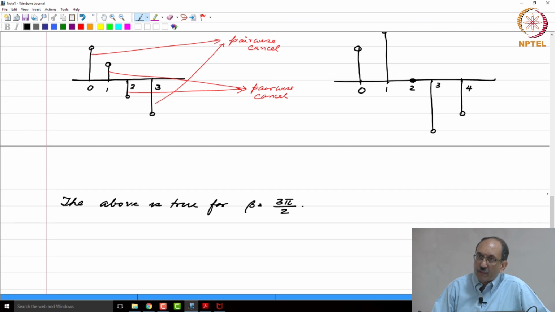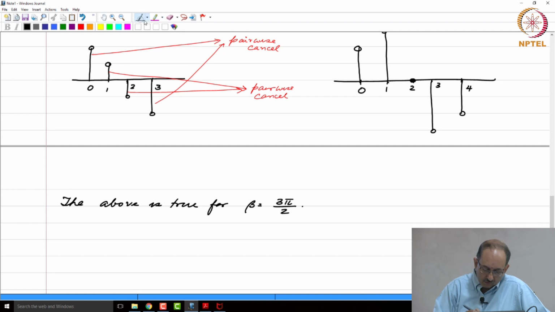When beta equal to 0, you need even symmetry, and for that even symmetry case we had considered even length and odd length. Similarly, when beta is pi by 2, again the symmetry was not even but odd. You need symmetry, but in this case the symmetry turns out to be odd. And once again we consider two different cases, length even and length odd.